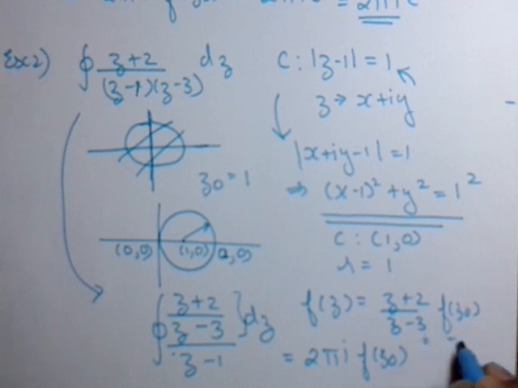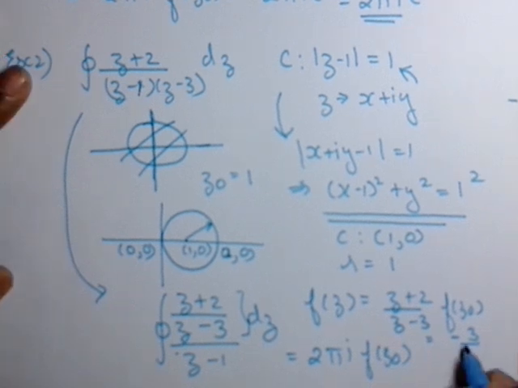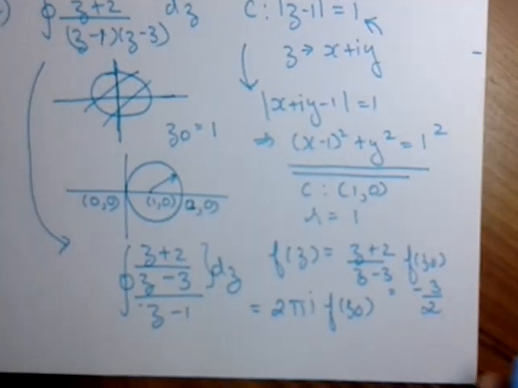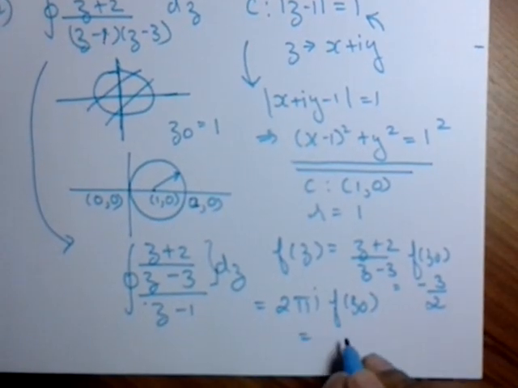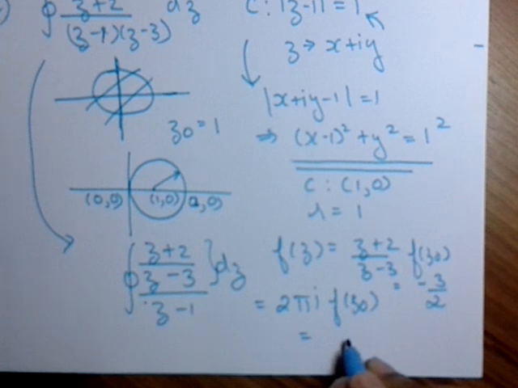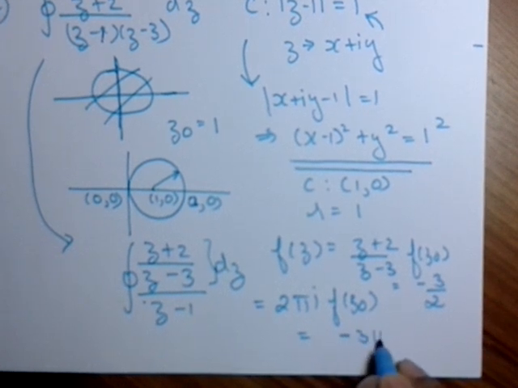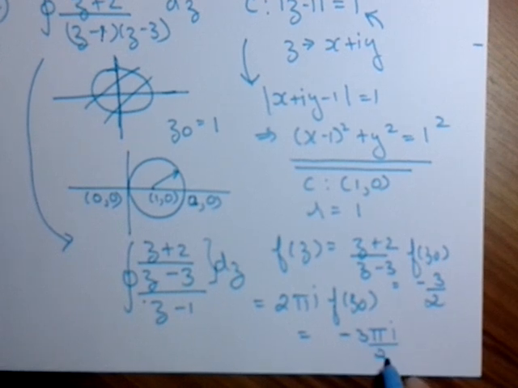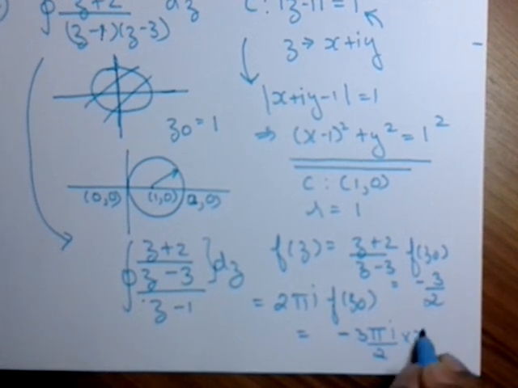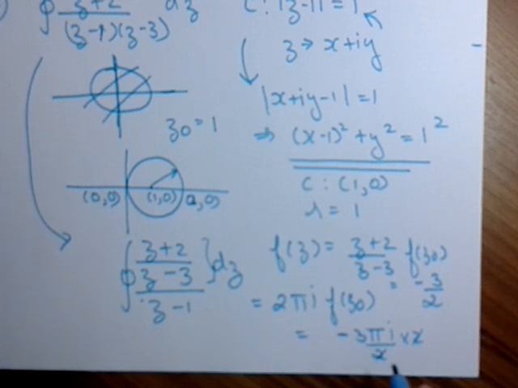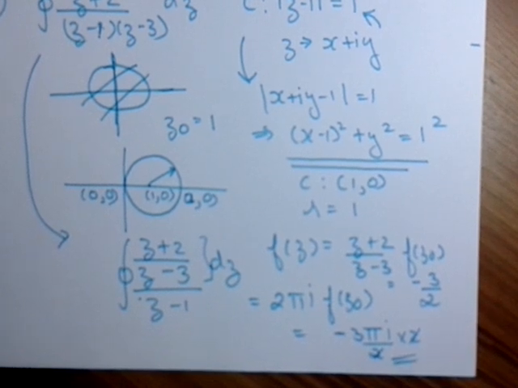So that is minus 3 upon 2. So now putting this value in the answer, we get 2 pi i into minus 3 by 2, that is simply minus 3 pi i by 2, and into 2, so the 2 gets cut, is minus 3 pi i is the answer.